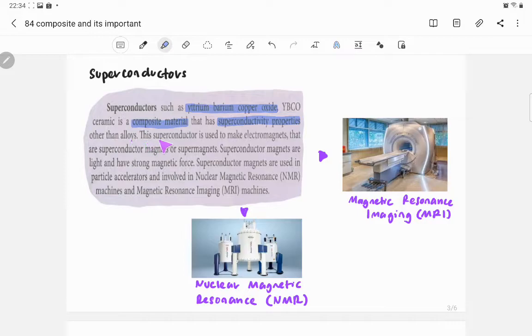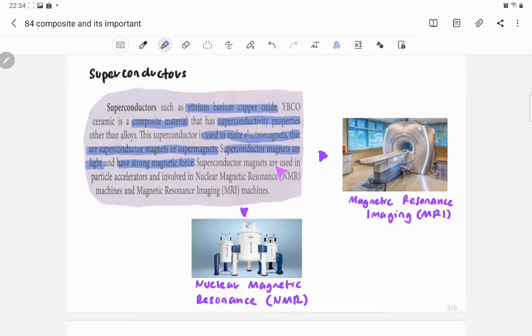The superconductor is used to make electromagnets that are superconductor magnets or supermagnets. You need to remember, superconductor magnets are light and have a strong magnetic force.